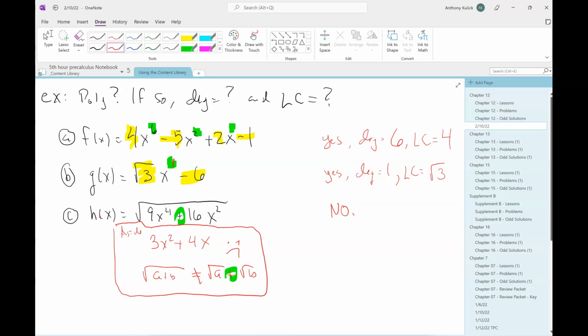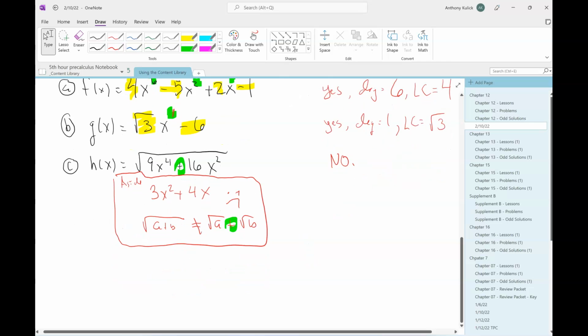And if you tried it numerically, it should be really obvious, right? Like if I take the square root of 1 plus 4, well, that's the square root of 5, which is 2 point something or another.